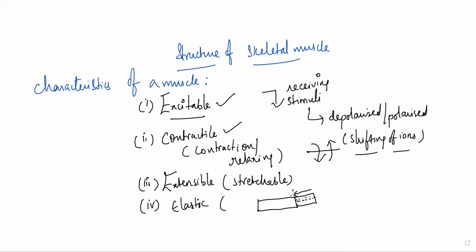That resuming is called elastic. So these are the four features of your muscle. The muscle is going to be excitable, contractile, extensible, and elastic in nature. Next, what are the functions of a muscle?